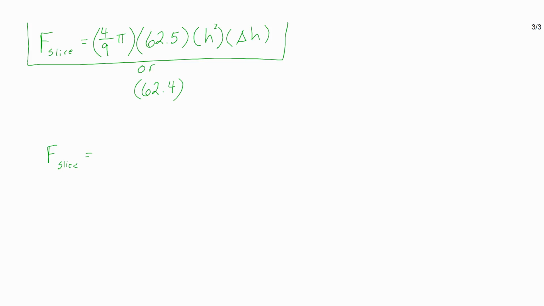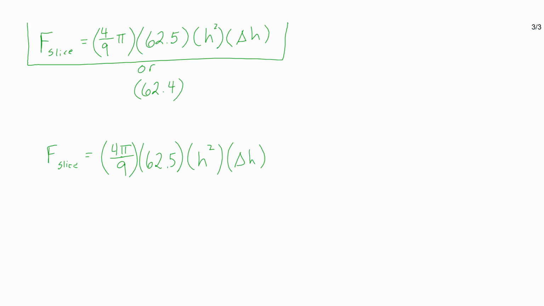I'm going to rewrite this, 4 pi over 9 times 62.5 h squared delta h.